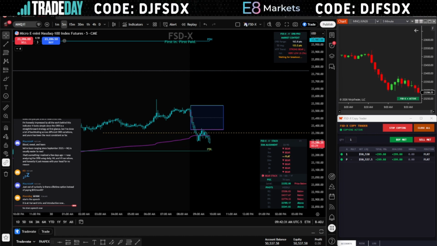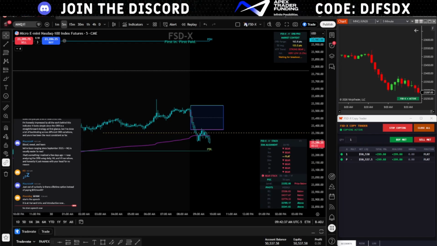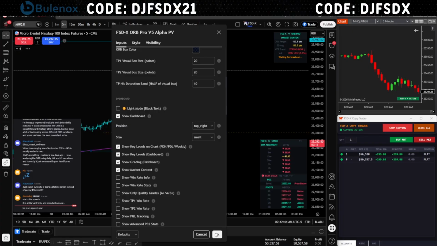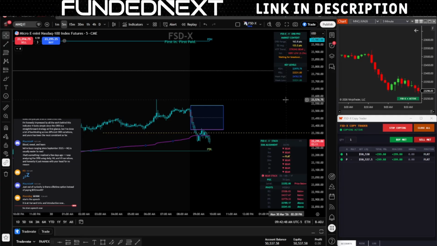Yeah, looks like it's kind of cruising now, making structure to possibly the previous day low. Because it's also the previous week low, I'm guessing. Let me see. Yeah, previous week low.